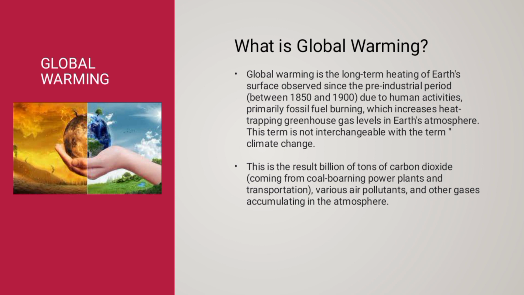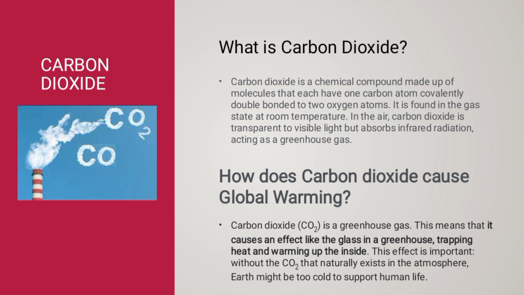This is the result of billions of tons of carbon dioxide coming from coal-burning power plants and transportation, various air pollutants, and other gases accumulating in the atmosphere. Carbon dioxide. What is carbon dioxide?